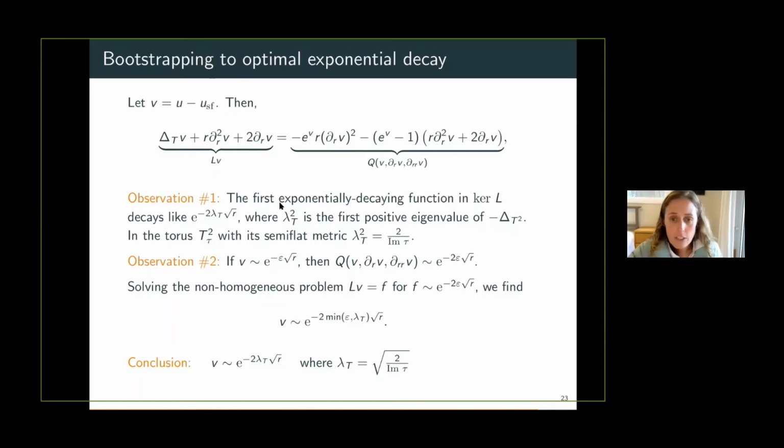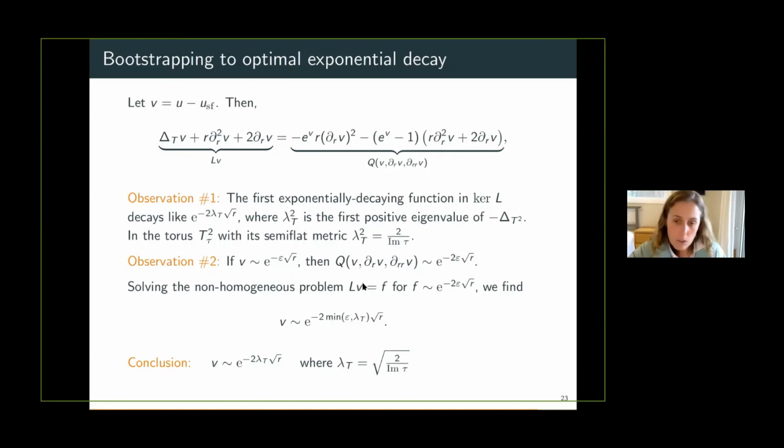The first observation is really that the first exponentially decaying function in the kernel decays at a certain rate. So as long as you stay below this rate, if you have v with a certain rate of exponential decay, then you know the quadratic piece in v also decays twice as fast.